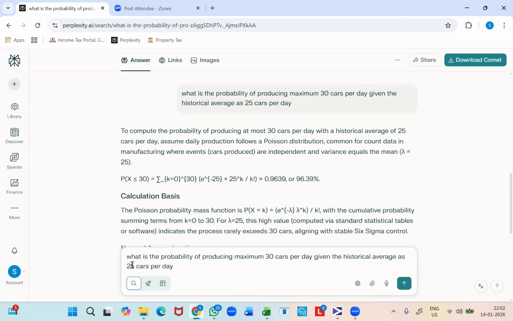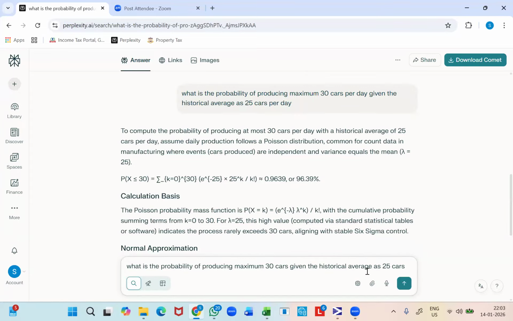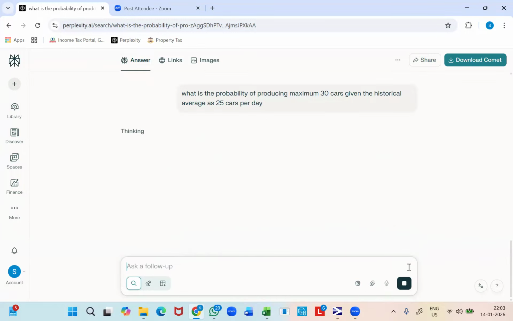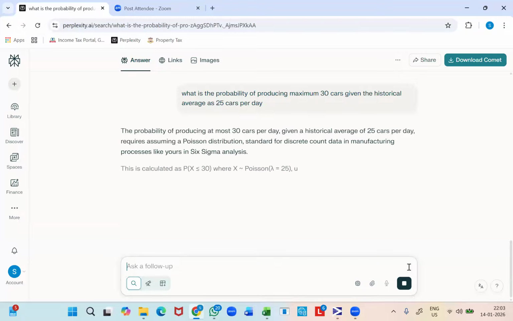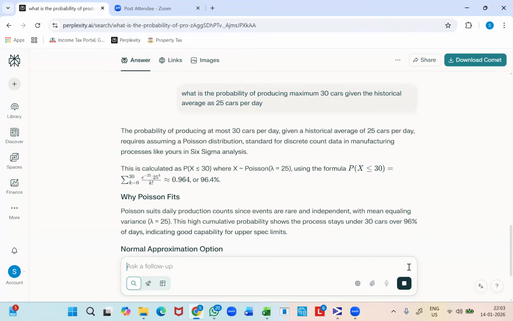Historical you can give, but here you don't give the expectation, because we don't have that in the question. So here you can give per day. Let's see what happens. No, still I get an incorrect answer.